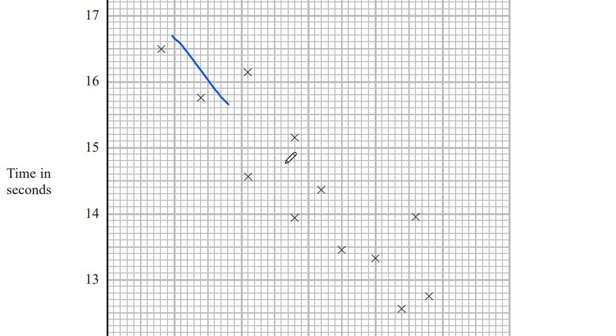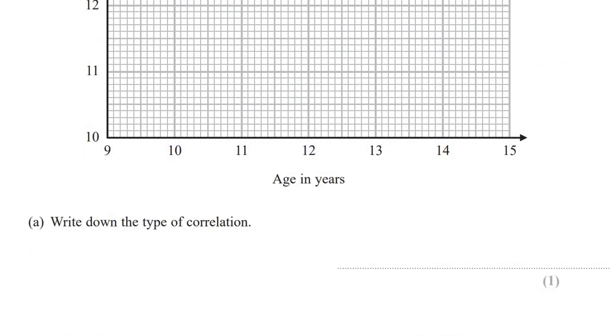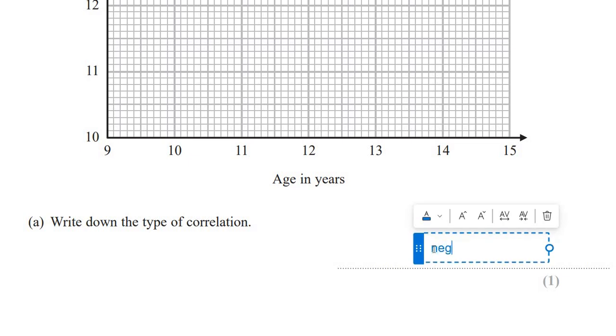Using your ruler, try and draw a straight line that sort of connects most of the points. So you'll get a line something close to this, and this shows that this is a negative correlation. If the line was like that, that is positive correlation, but when you have it the other way around, it's a negative correlation. So what type of correlation?